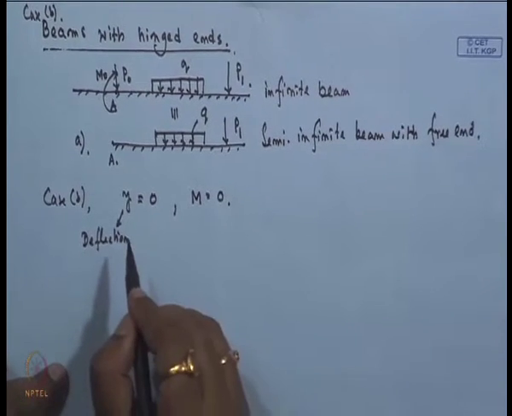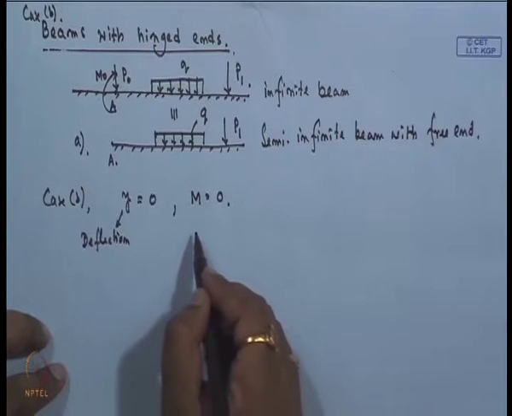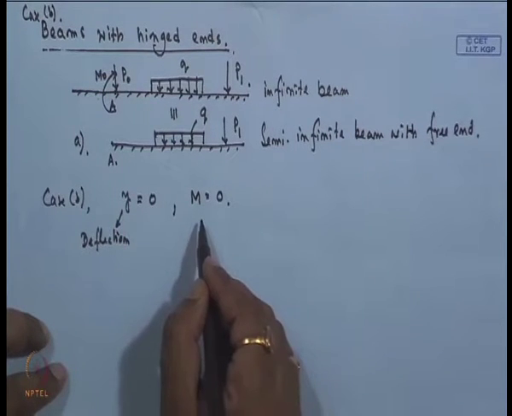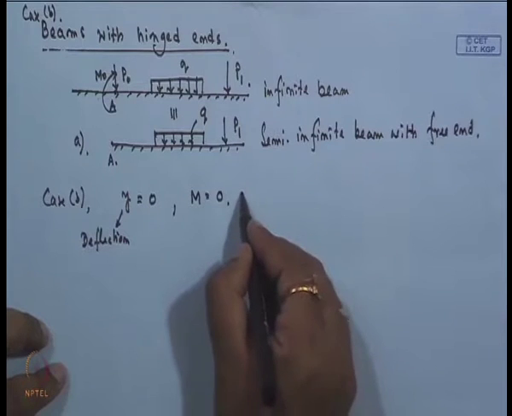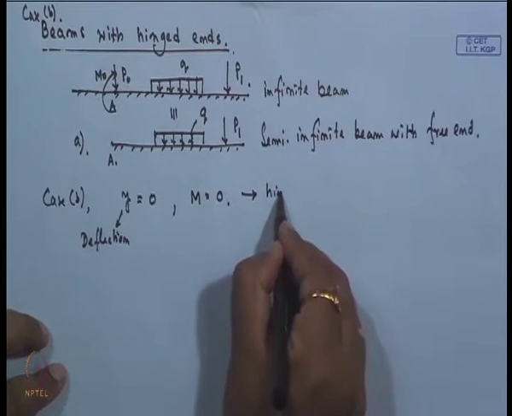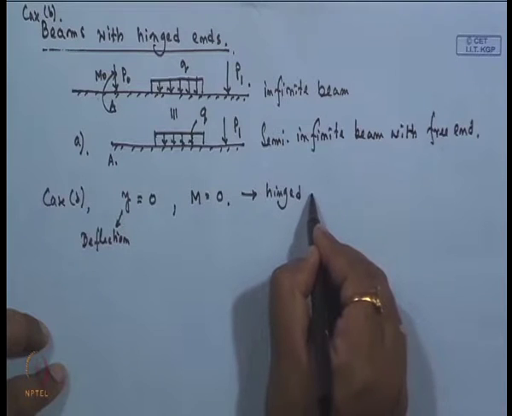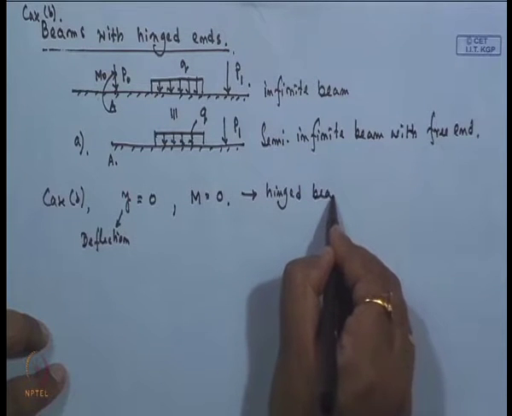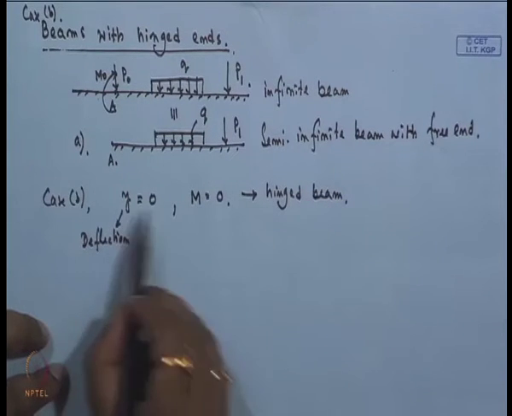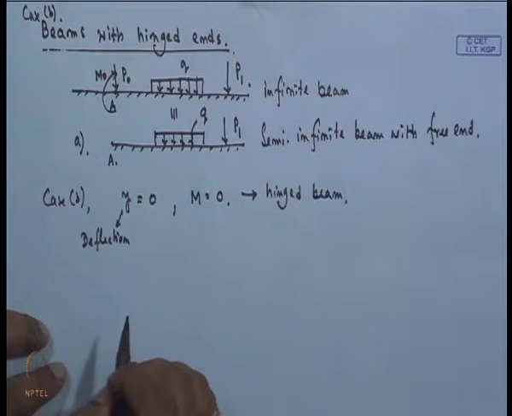For the first case, when it is a free end beam, we consider that moment is 0 and shear force is 0. Here it is a hinged beam, so we will consider that deflection is 0 and moment is also 0.